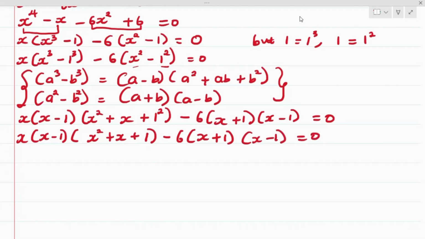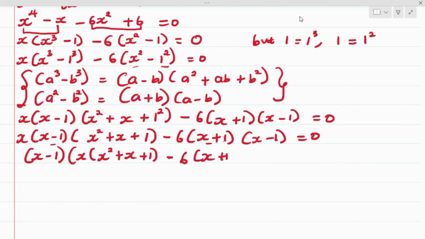From here, we have x minus 1 to be common. If you factor out x minus 1, we have x multiplied by (x squared plus x plus 1) minus 6 multiplied by (x plus 1), equal to 0.